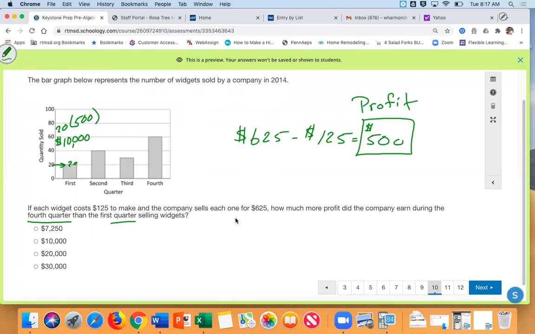Fourth quarter, that's 60. So I'm going to do 60 times 500. That's 30,000. How much more? Well, that's going to be 30,000 minus 10,000. My answer is 20,000.